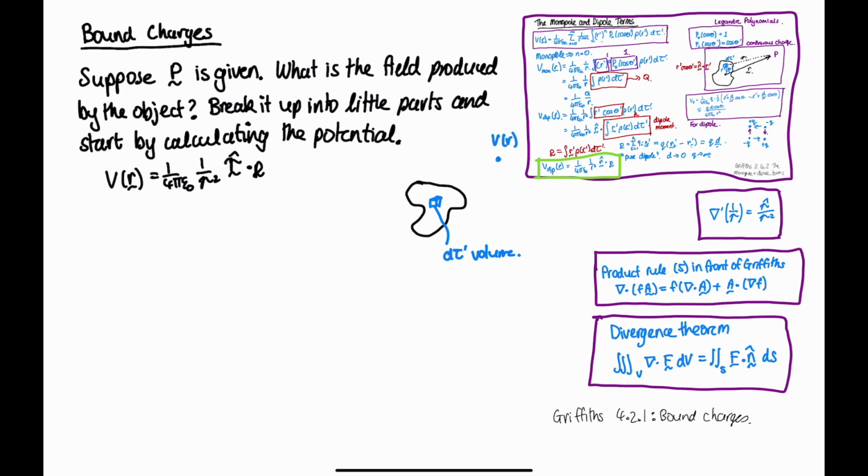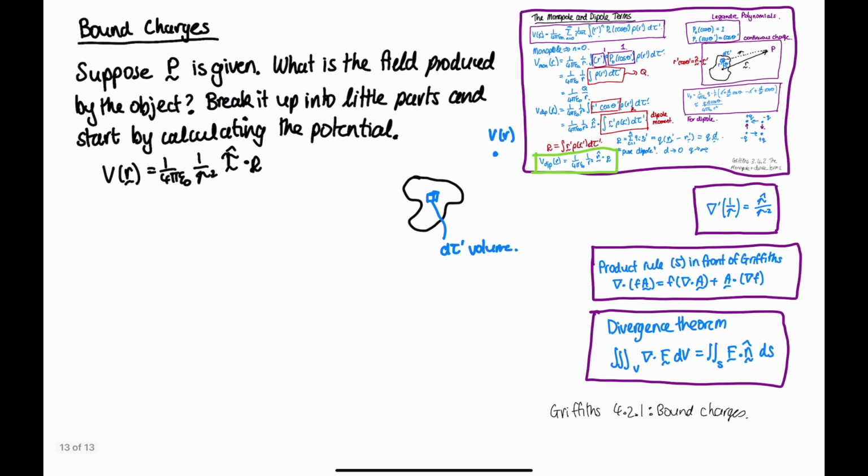So this little volume is at a location r prime. We're taking the prime location as inside our object, and our curly r vector is going from this volume increment to where we're measuring the potential.